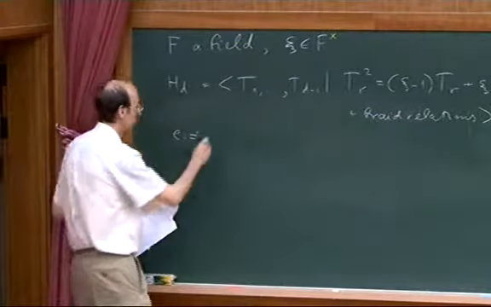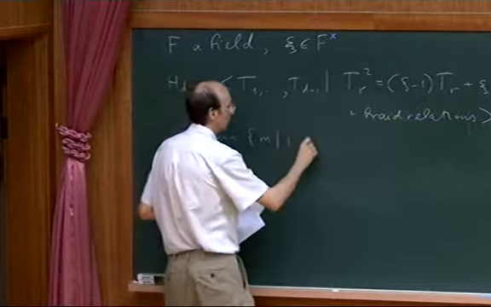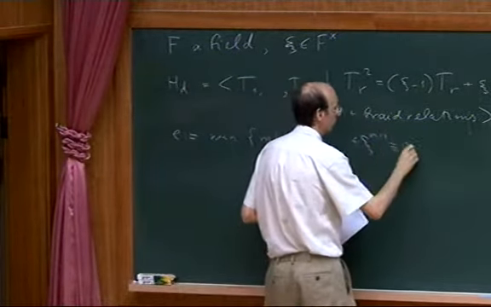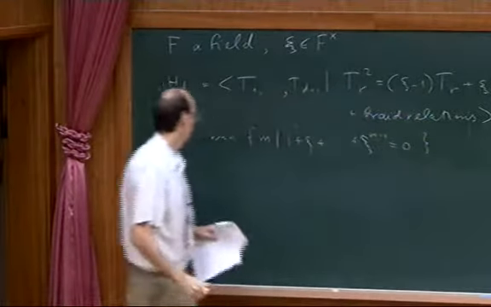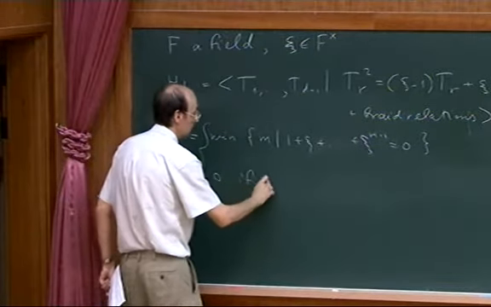So the right definition is the minimum over all numbers m such that 1 plus psi plus psi squared and so on plus psi to the m minus 1 is equal to 0 in our field, if such a number exists, and then 0 if no such m exists.